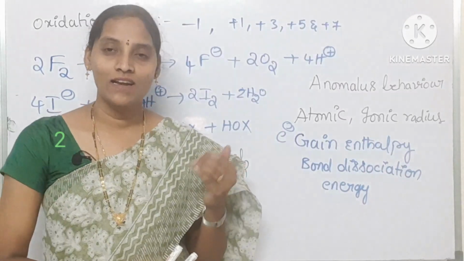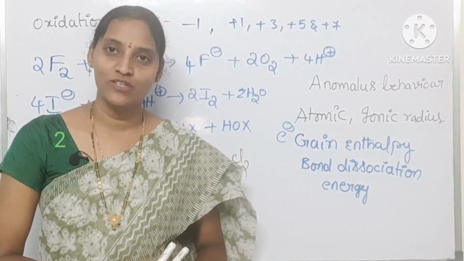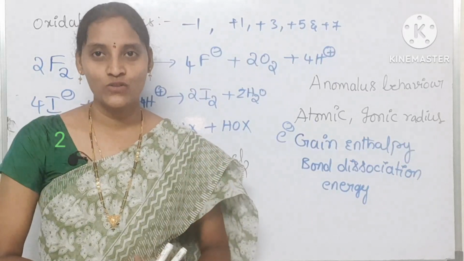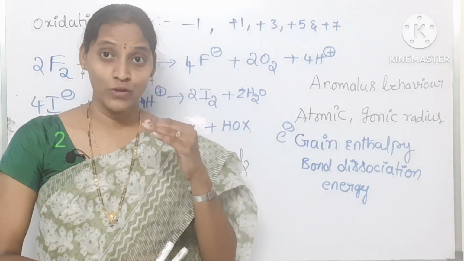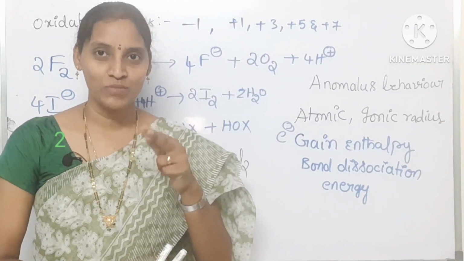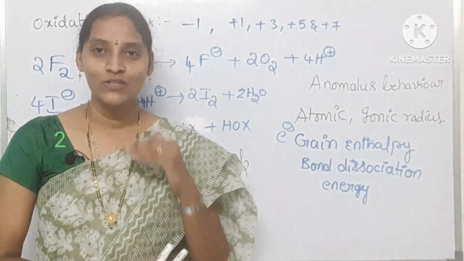What are those? Less size and non-availability of d orbital, low electron gain enthalpy, and one more reason, more repulsions take place between the electrons present in the 2p orbital.